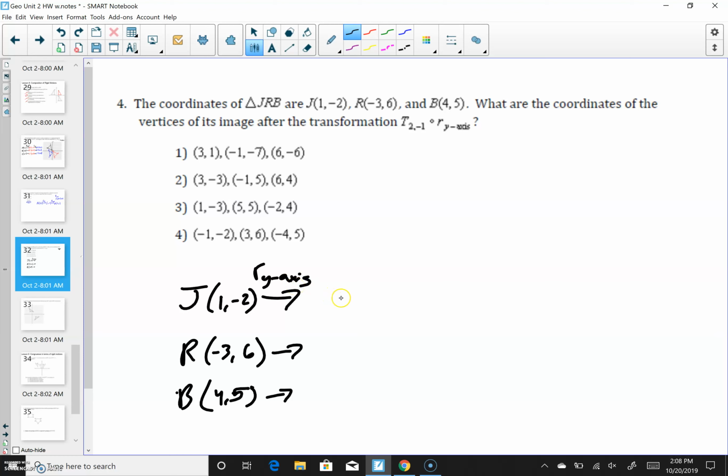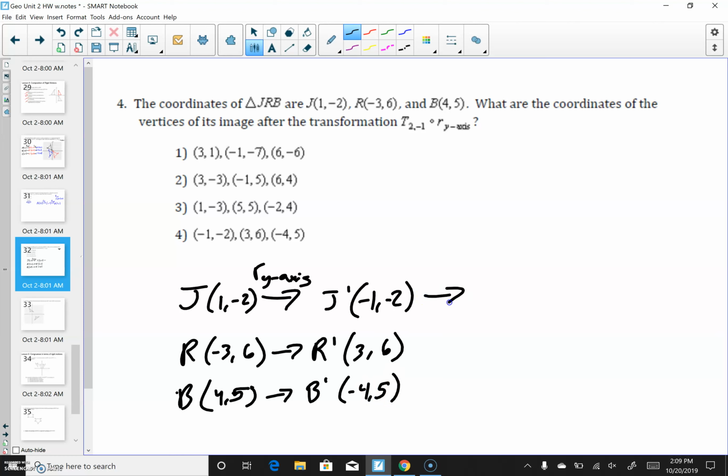Okay, so that's going to give us that J prime is going to be, now remember, when we reflect across the y-axis, we change the sign of our x coordinate, so (-1, -2). Then we get (3, 6), and our final piece, B prime, is going to be (-4, 5). So that's what it looks like when we reflect over the y-axis.